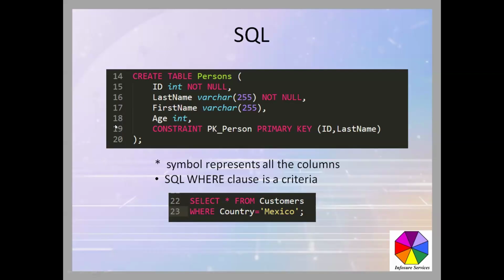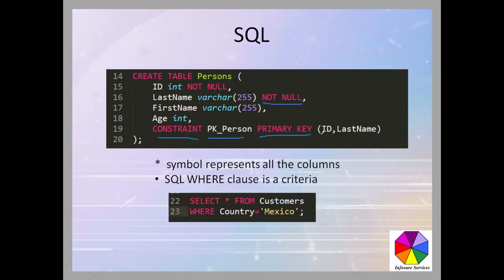This is the syntax. Constraint, then the name of the primary key. This can be any name; I'm just using the convention pk person. Primary key is the name of the constraint. The type of constraint is primary key. Primary key and not null are all types of constraint.